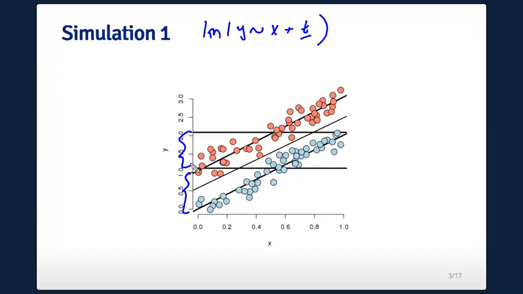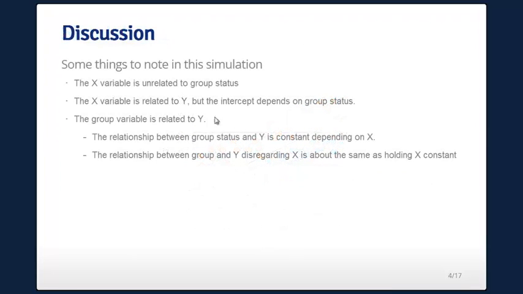And to me, those look about the same, which is good. It means that it didn't matter whether we regressed on x or not. But let's keep going. Let's discuss this first, and then we'll keep going. It's going to get harder.